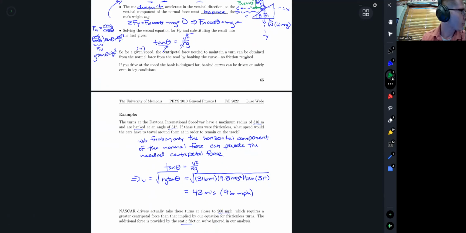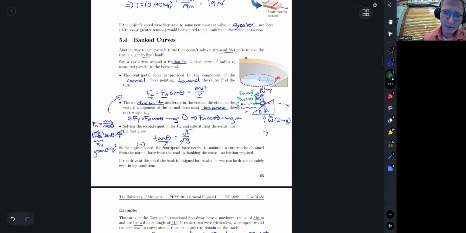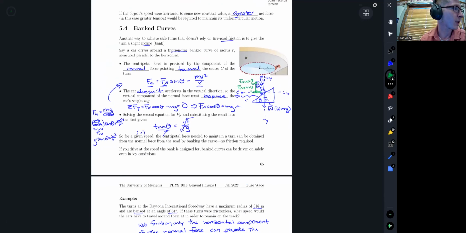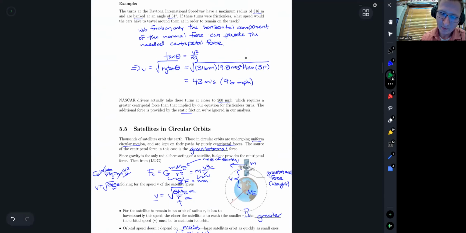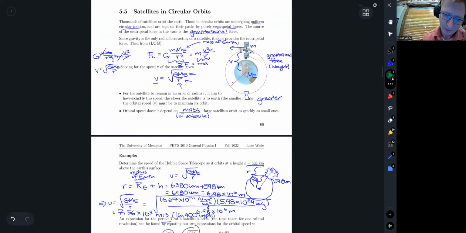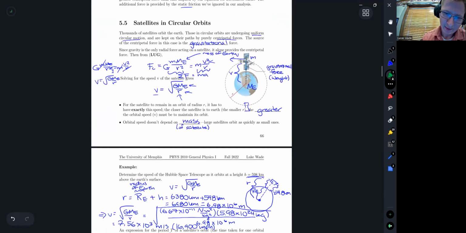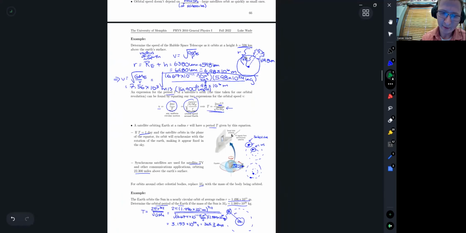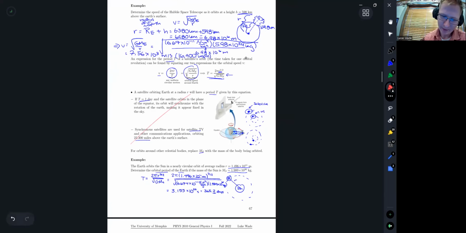But I believe there is not one on banked curves, so don't worry about knowing the specific formulas for banked curves. There is some stuff on satellites. This whole section on satellites is good to familiarize yourself with, except this right here, which you don't need to worry about.